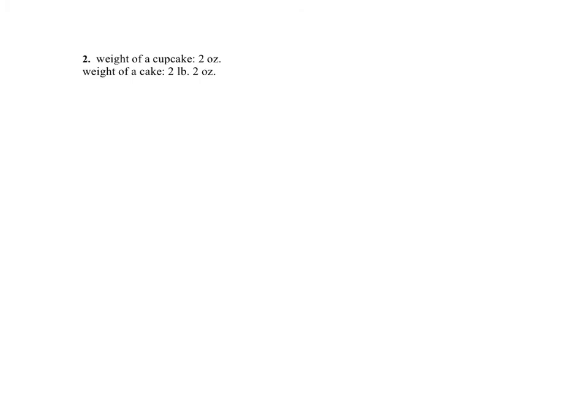So my next one, weight of a cupcake to weight of a cake. So 2 pounds and 2 ounces. There are 16 ounces in 1 pound, so that means this is the same as 16 times 2 plus 2.